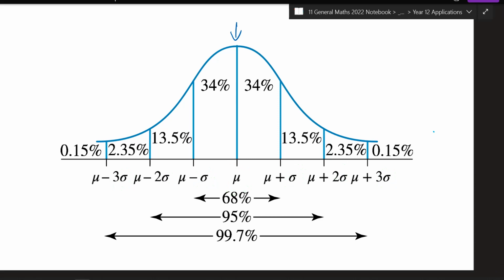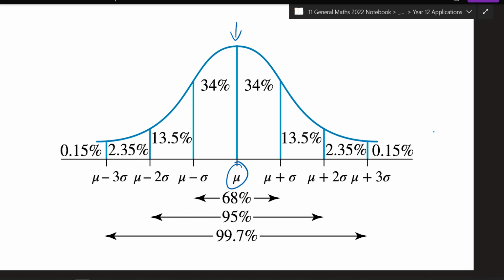This is one standard deviation away from the mean. This is two standard deviations, because it's the mean take away two deviations. And this is three standard deviations below the mean.